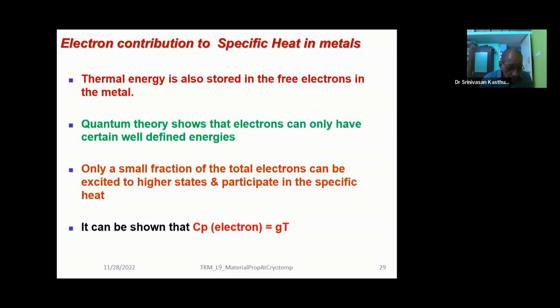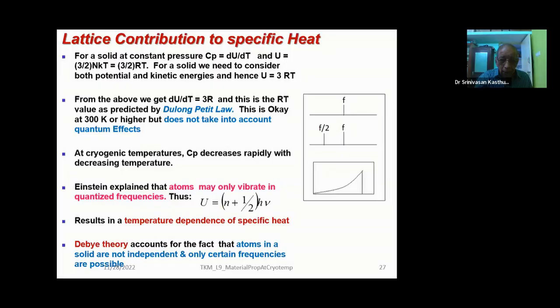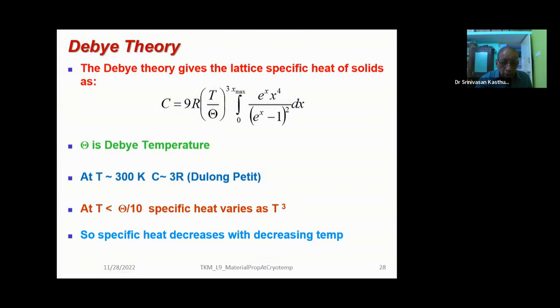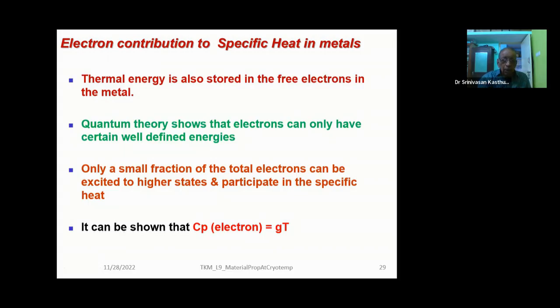We can see here the Debye theory accounts for the lattice specific heat of the solids. If you remember the discussion in the beginning, we said specific heat comes from two parts. One is the lattice vibration, then you have electrons. Now, what about electrons? The thermal energy is also stored in the free electrons of a metal.